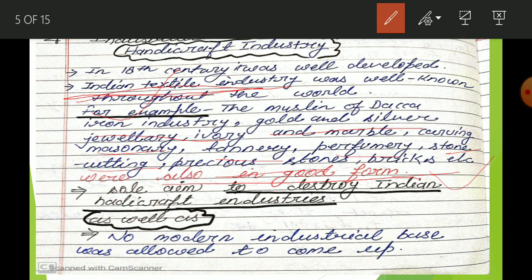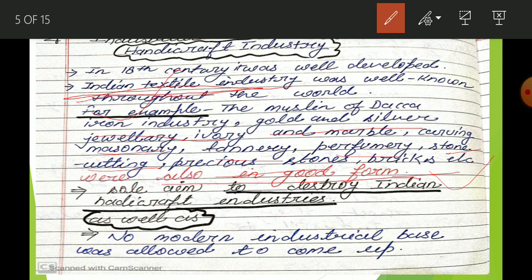But when the Britishers came to India, obviously they were not going to support it. They were not going to be happy that the Indian handicraft industry would achieve a higher and higher level.